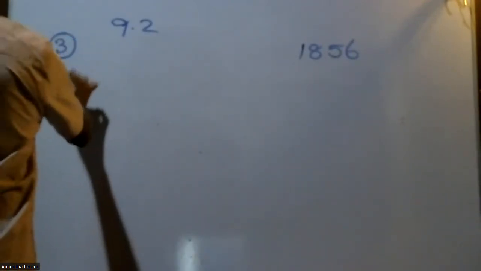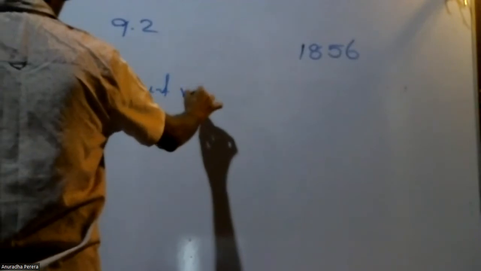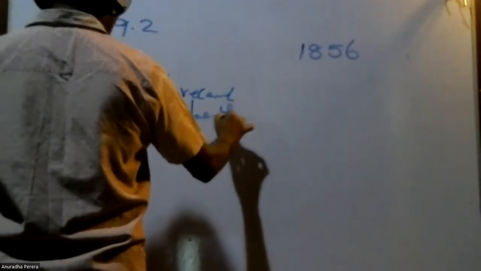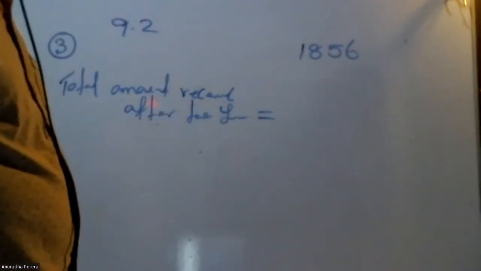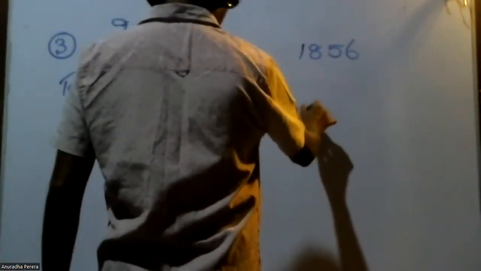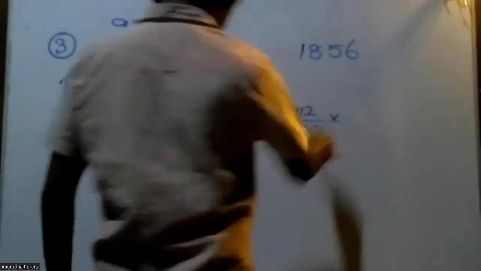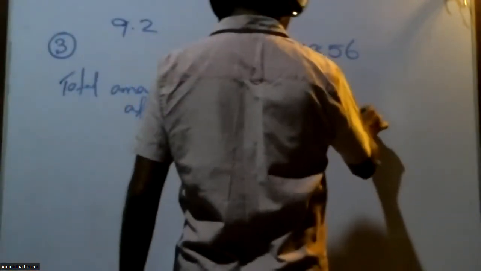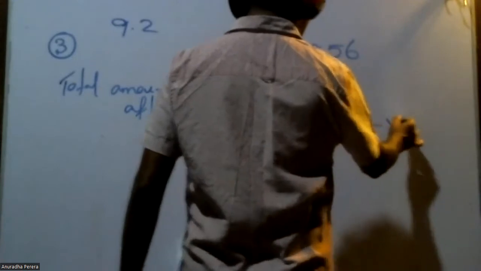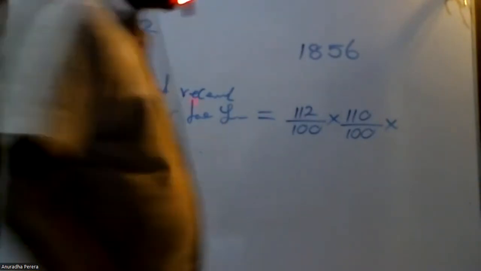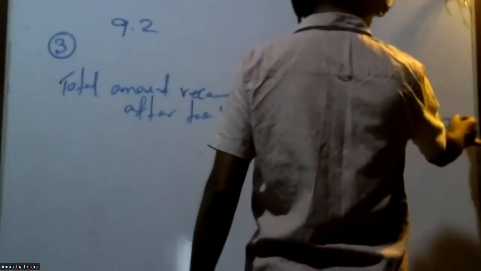The total amount received after 2 years: the first year, the interest rate is 12%, so 112 over 100 into, in the second year, it drops to 10%. The loan amount is 8,000. Simplify this.